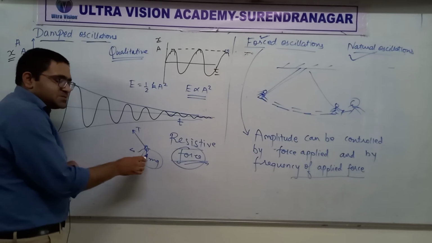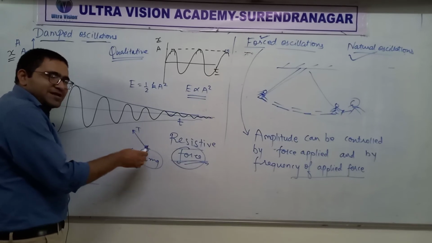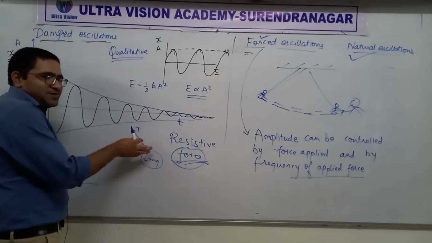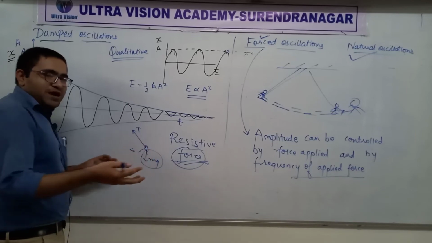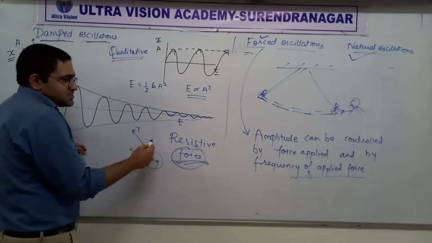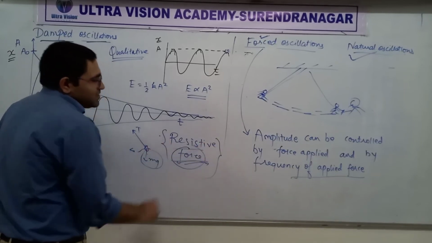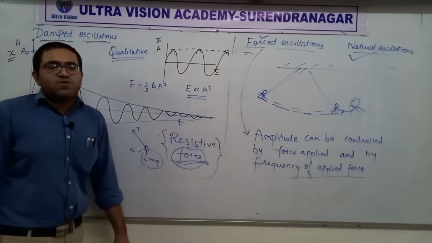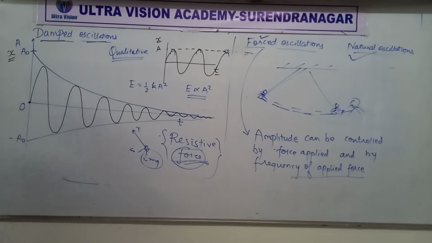And this is a conservative force, and it just acts between Earth and the pendulum. You don't have to do anything from the outside. But if there are extra resistive forces, then that would definitely make it forced oscillation. Clear? Okay? Fine. Now, this is what I am saying.